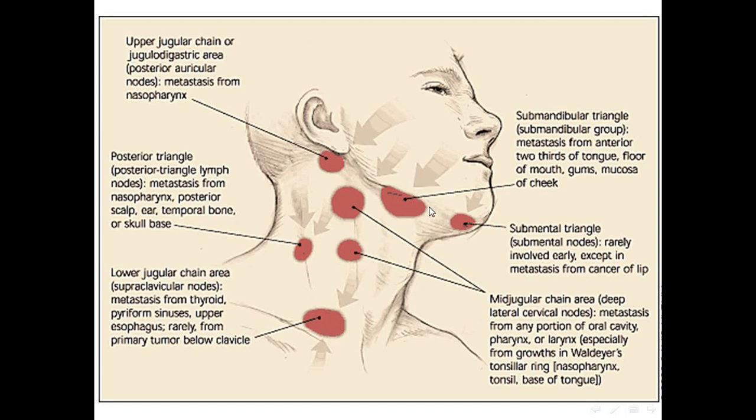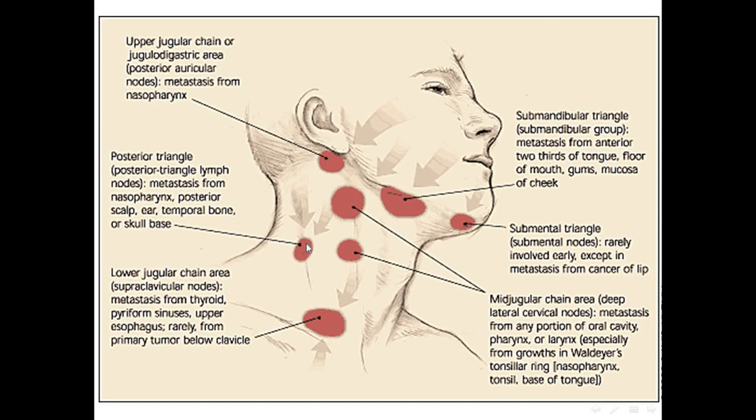Submandibular drains from the anterior two-thirds of the tongue, the floor of mouth, the gums, and the mucosa of the cheek. The posterior auricular lymph nodes usually have the metastasis from nasopharynx. And then here we have the mid-jugular chain, which drains from several structures, including the oral cavity, the pharynx, and larynx.